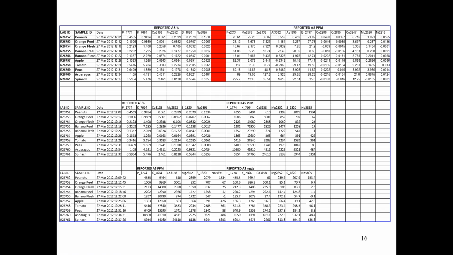I just buy it from the store and bring it to the lab. Say I have oranges, but we eat orange peels and we also eat the flesh. I wonder how much of these elements are there. That's curiosity, right? That's me. It may be known, but I wanted to see what is there.